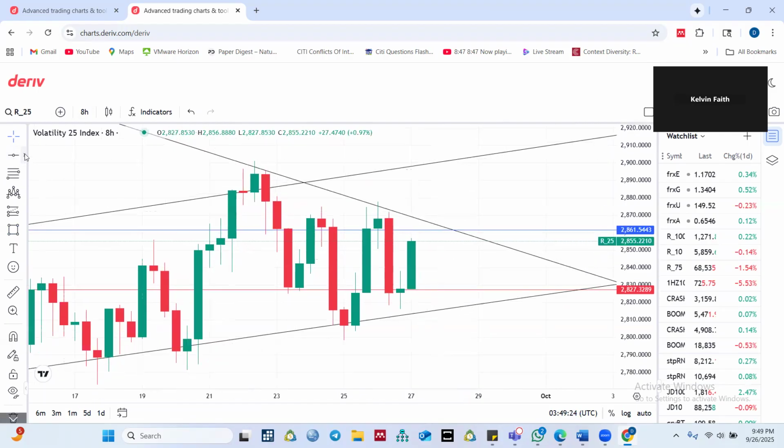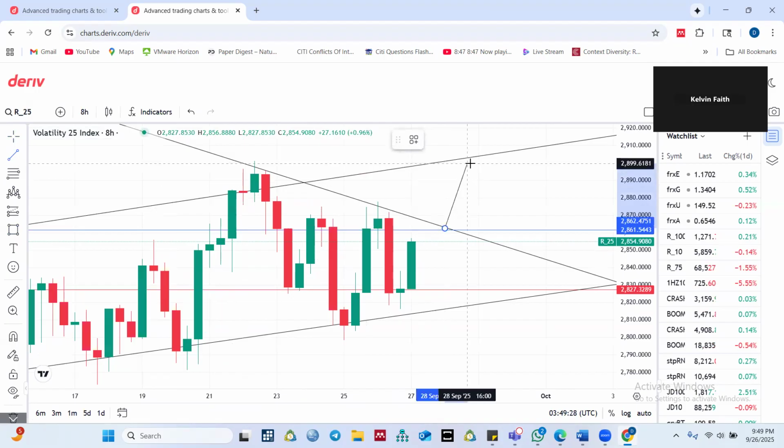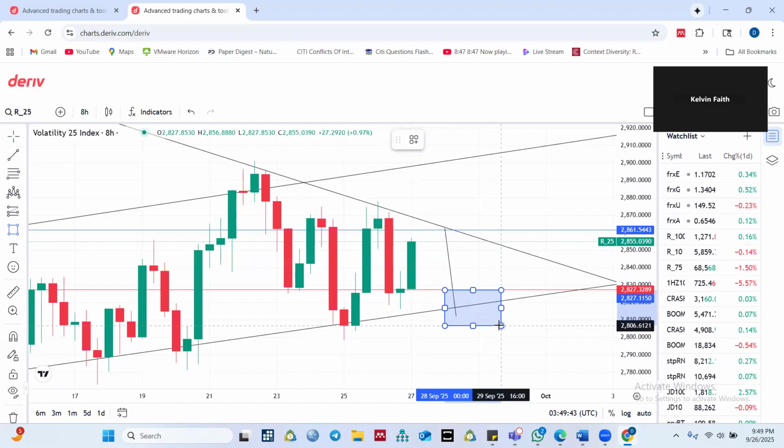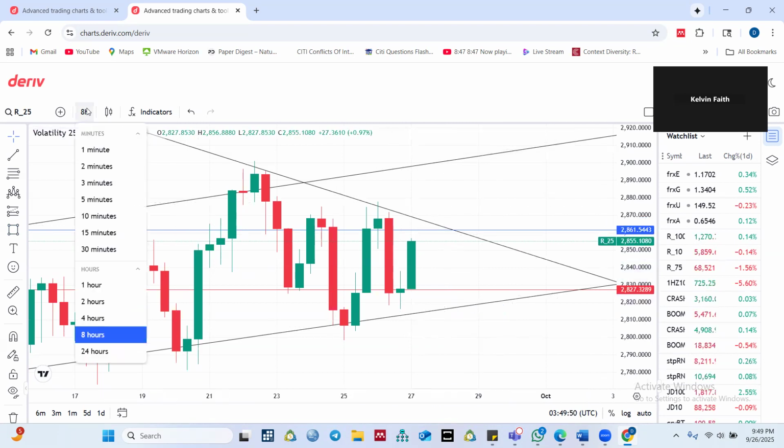What I'm saying is that above this blue line and above the trend line is a buy. Below the blue line and below the trend line is a sell. And below this red line and below this trend line, a body close around here is more sells. Okay, so we have the logic now.